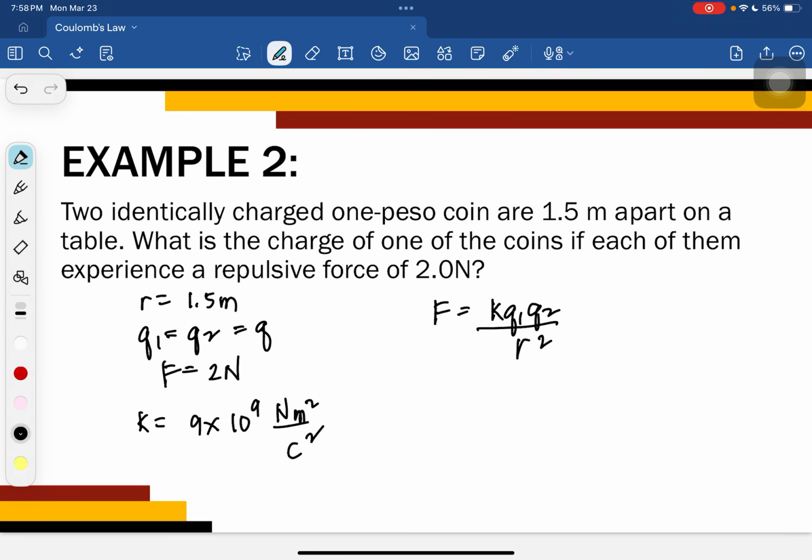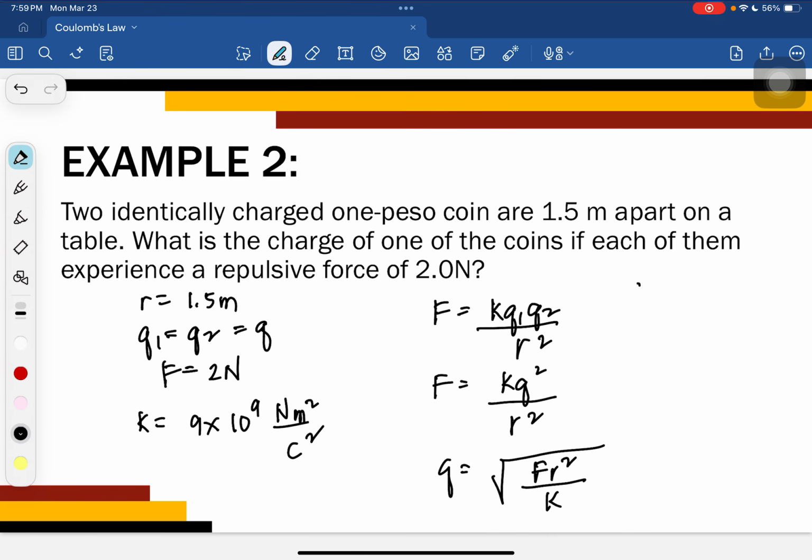But since Q1 is equal to Q2 and they're also equal to Q, you can say that F is KQ squared all over R squared. We're looking for Q. By simplification, you can get Q as the square root of F R squared all over K.